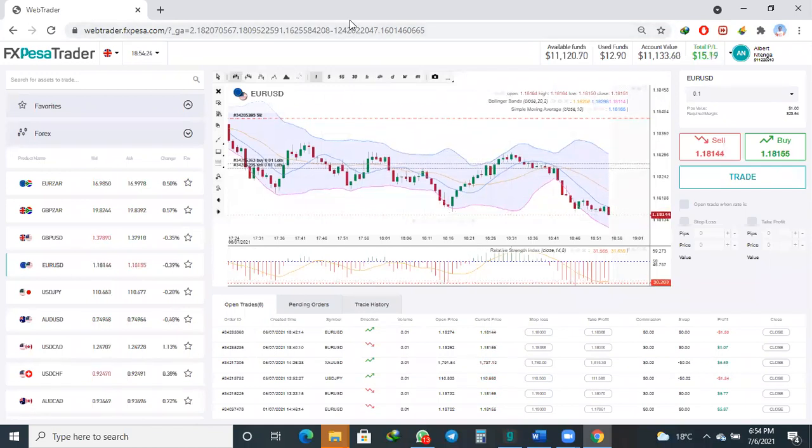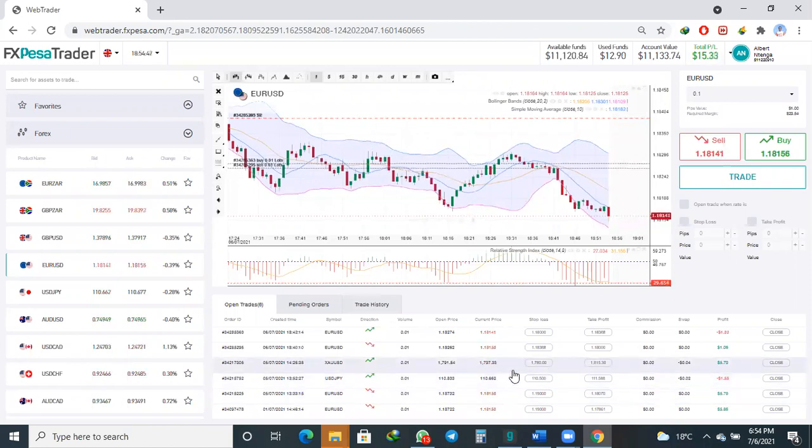Can you see my screen? Yes. Okay. So after you place your trades, maybe let's say you want to close those trades.